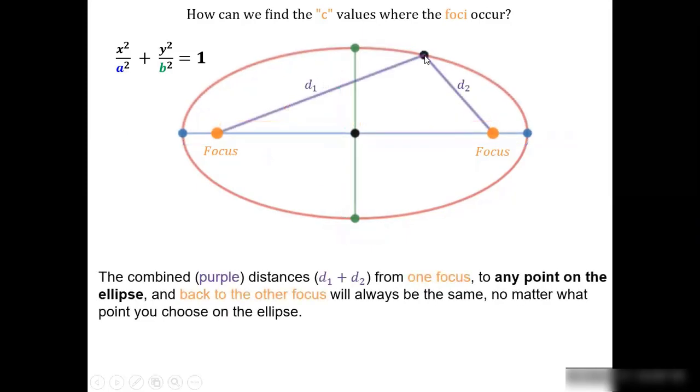So the first thing to recall here is that regardless of what point I choose, let's say I choose this black point on the graph, the distance from the focus to that point, and then that point to the focus, is always going to be the same. So the combined distances from one focus to any point on the ellipse and back to the other focus will always be the same, no matter what point you choose.